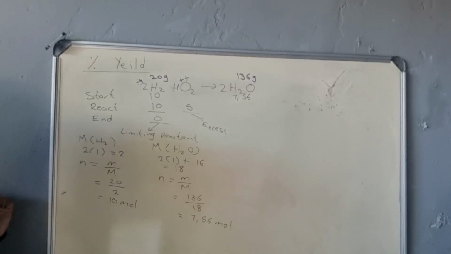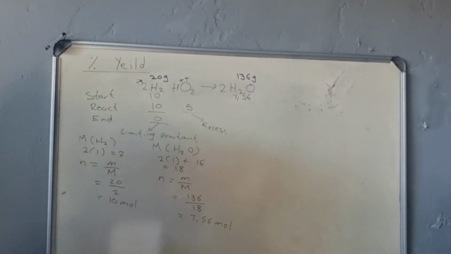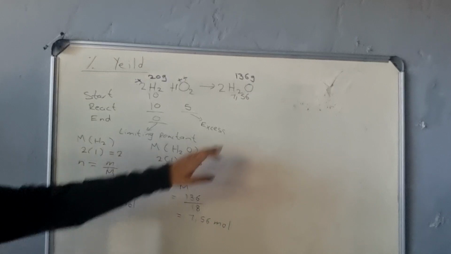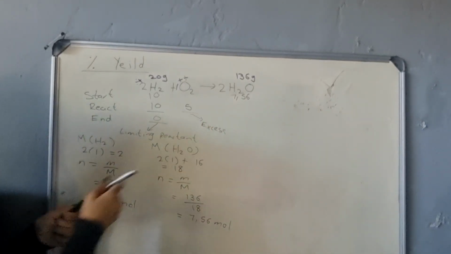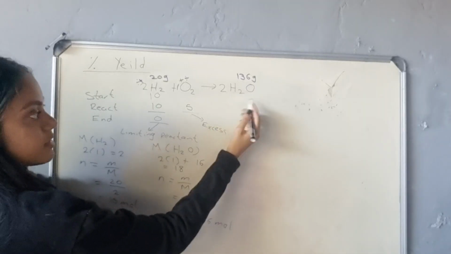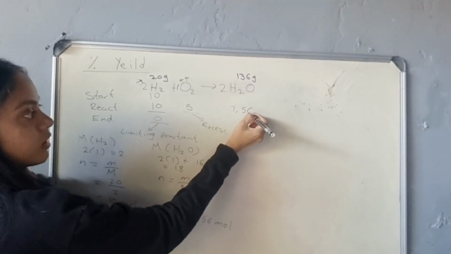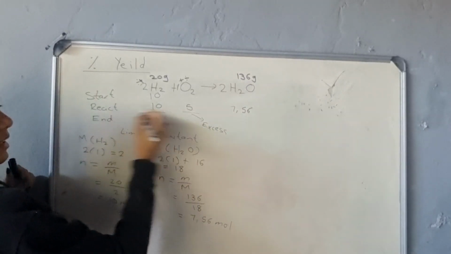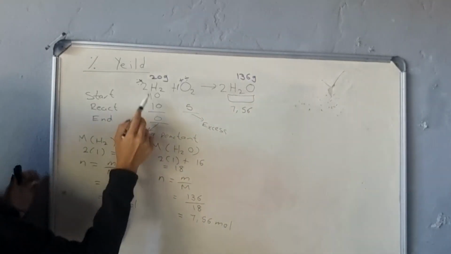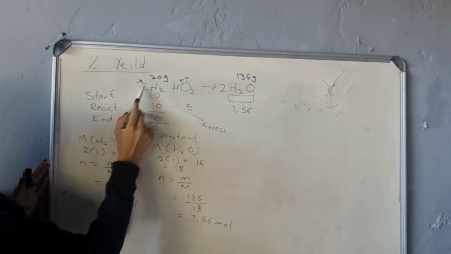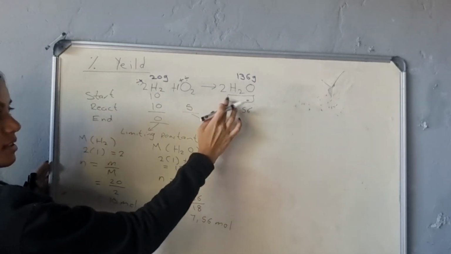From here, you can find out the maximum mass of H2O steam. Sorry, this is written in the wrong place. The 7.56 is the number of moles that's reacting. You can find the number of moles here by saying 10 divided by 2, which is 5, times 2, which is 10.